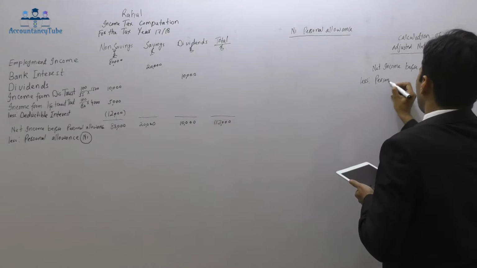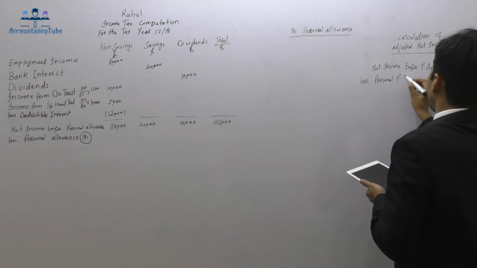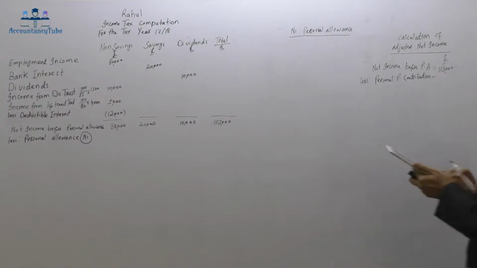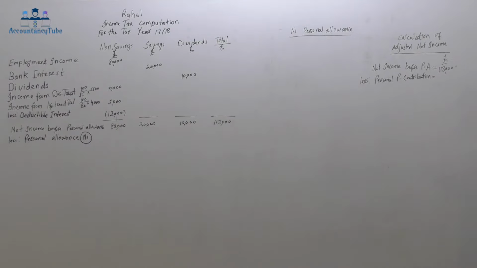So we need to deduct the personal pension contribution out of it. How much was the personal pension contribution? Could you check in the question? In the expenses section, it tells us how much he has contributed. It says £16,000.